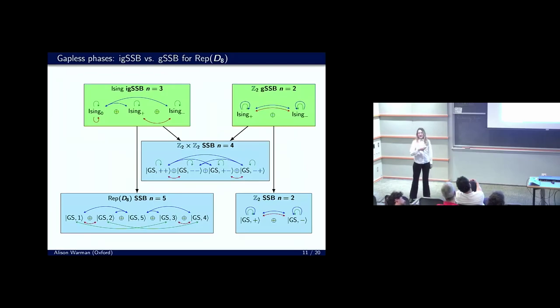Again, we input the Ising CFT, and in this case, we get this Z2 GSSB with two copies of Ising, which are exchanged by this red invertible Z2 symmetry. Now, notice here that the blue non-invertible symmetry E is partially broken because it sends each Ising to a sum of both. So Ising plus goes to Ising minus, but also to Ising plus, so it's partially broken.